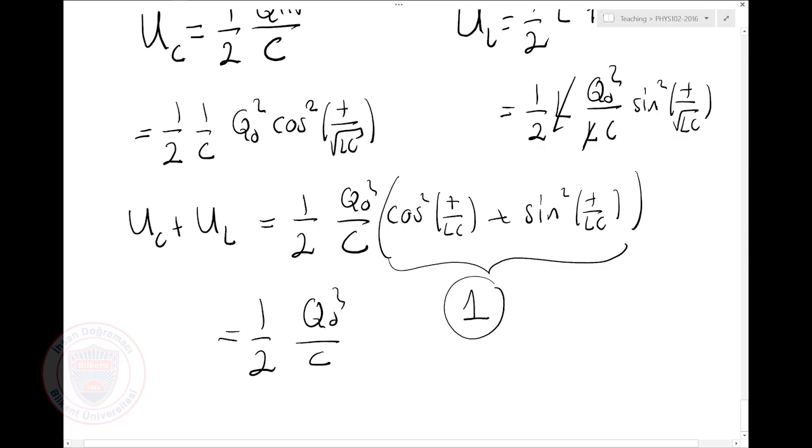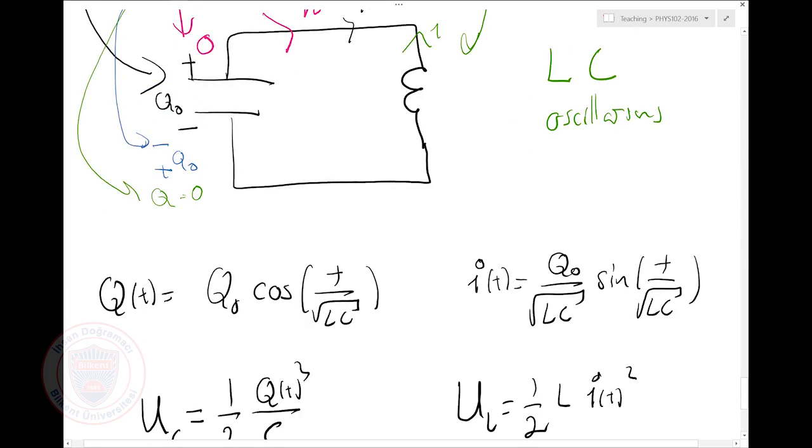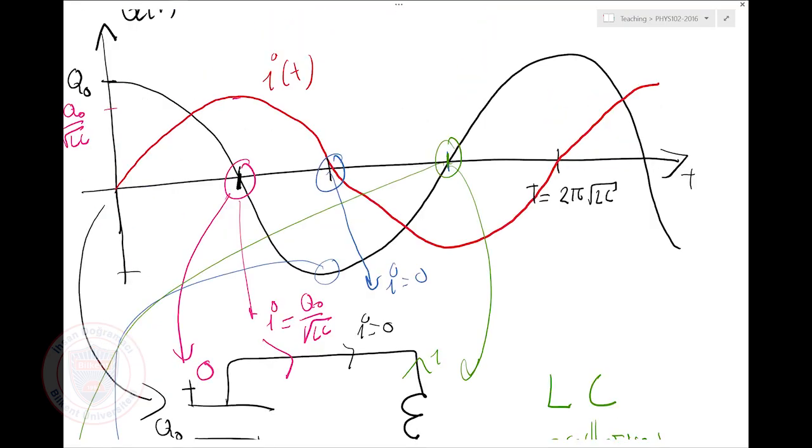What happens is that initially all the energy was stored as electric field inside the capacitor. At the quarter point of my oscillation, there is no electric field inside the capacitor. All my energy is stored as magnetic field in the inductor. So I have these oscillations.